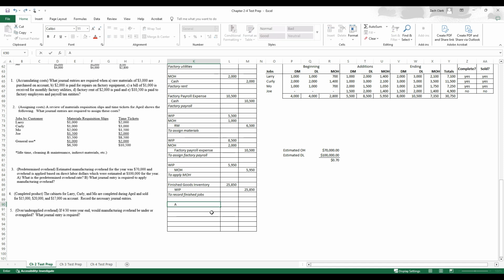We're going to have accounts receivable, sales revenue, cost of goods sold, and finished goods inventory. And we just say to record monthly sales. Okay, let's fix these. They're a little wonky here.